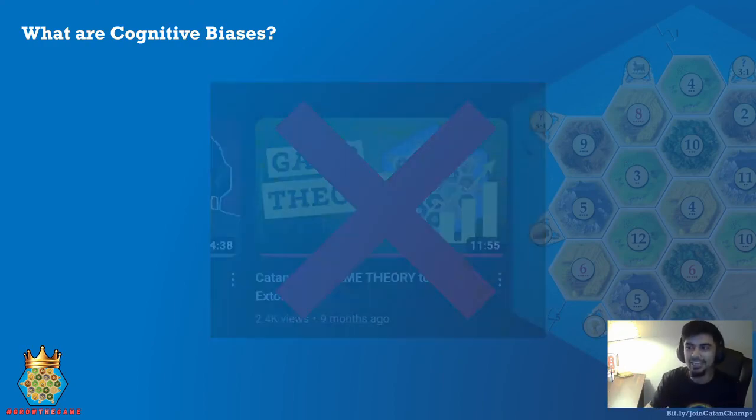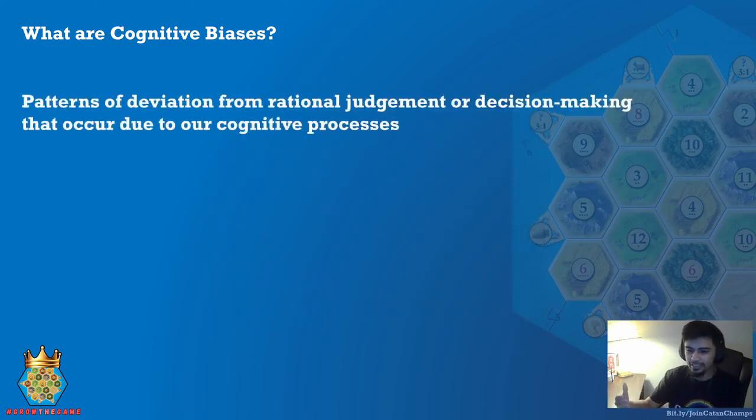This is instead whenever you're playing the game and you have players that deviate from this rational judgment, they deviate from these game optimal decisions because of certain influences in their mind, certain cognitive processes that maybe sway you to acting in a way that's not best for your game. So that's what we're looking at, what those are, some examples, and then how to avoid them, or in other cases, exploit them.